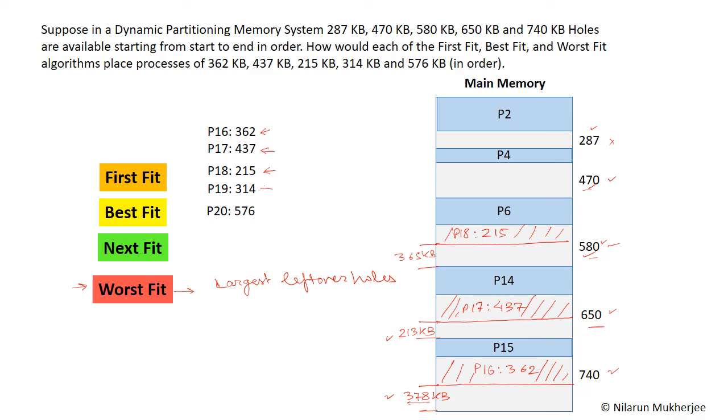And the next process is 314. It will have 470, 365, 213 and 378. Among them, this one will be the largest, so it will put it here.